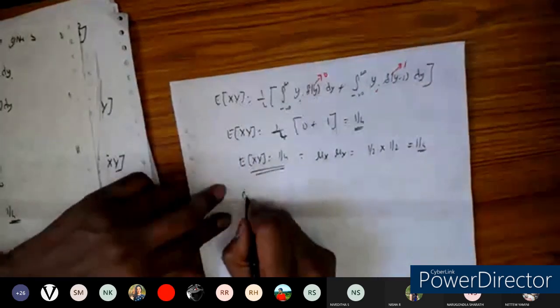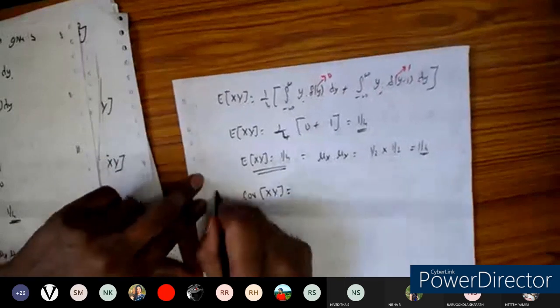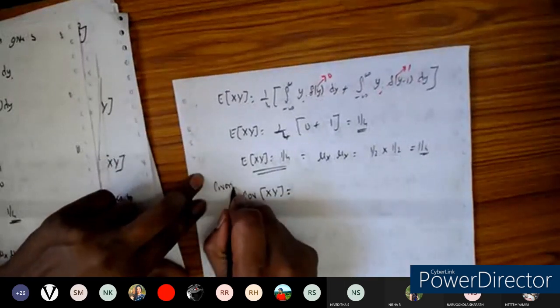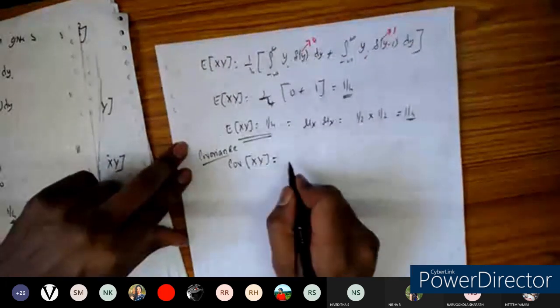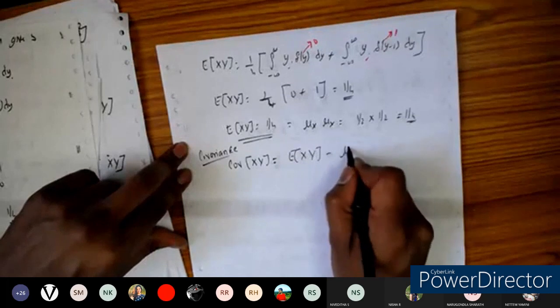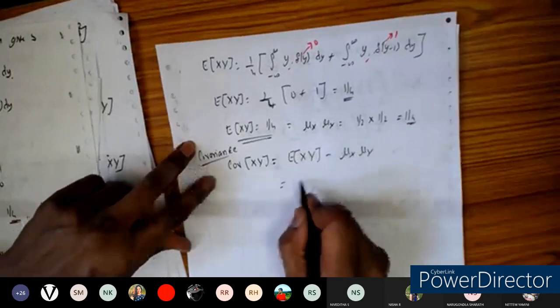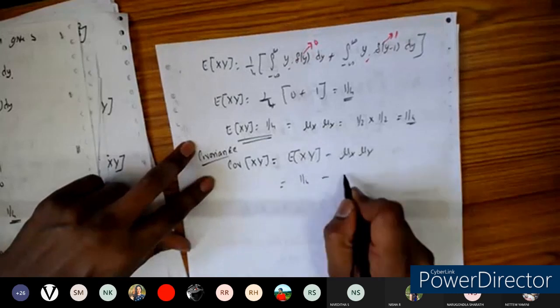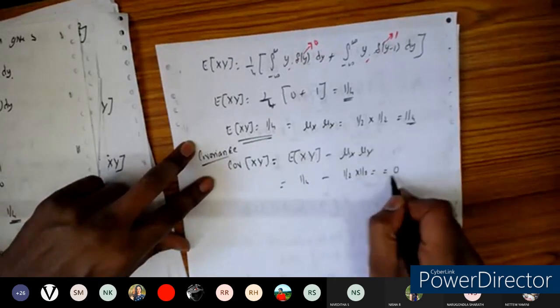We know about the covariance, right? The covariance of the random variables x and y is nothing but the difference between the correlation and the product of their respective means. So the correlation is 1 by 4 minus 1 by 2 into 1 by 2, so this will become equal to 0.